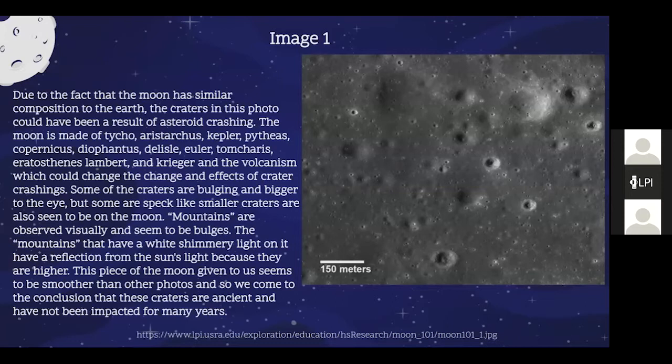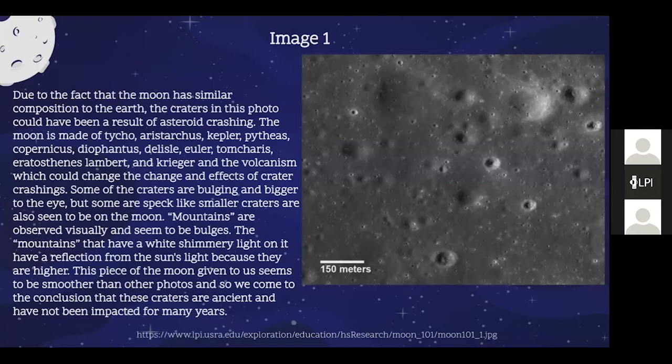The materials in the moon, like Tycho, could have made the craters and divots different. Some of the craters are bulging and seem bigger, but some are very small, just specks.